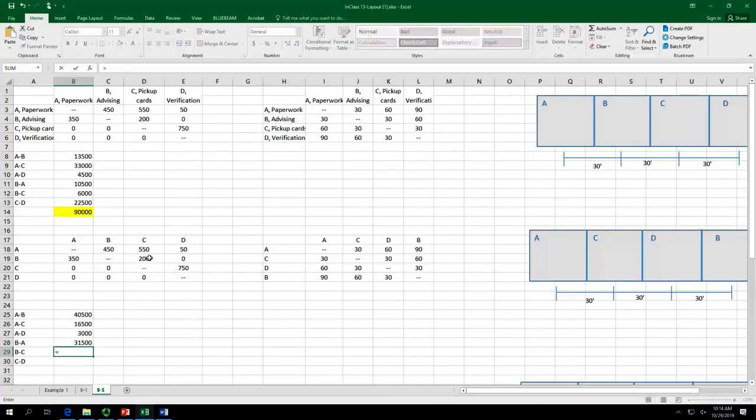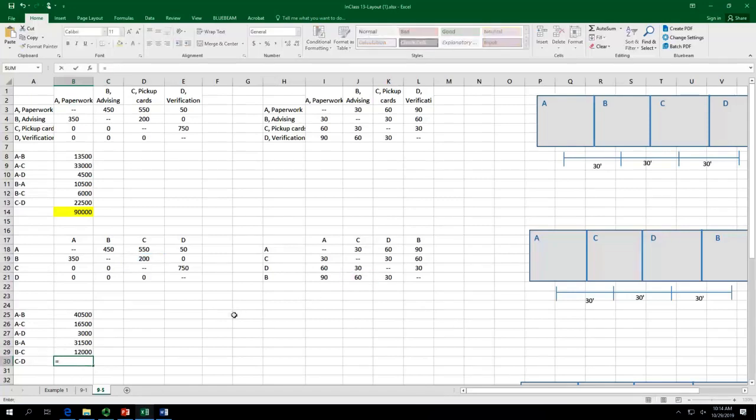B and C, 200. B and C, the distance is 60. So also you can consider this number, they are the same.